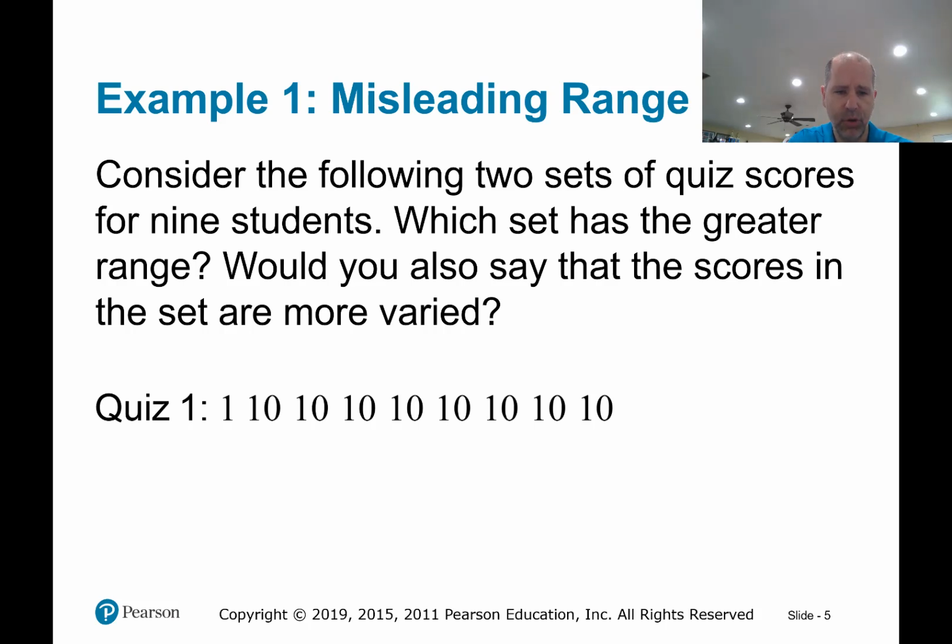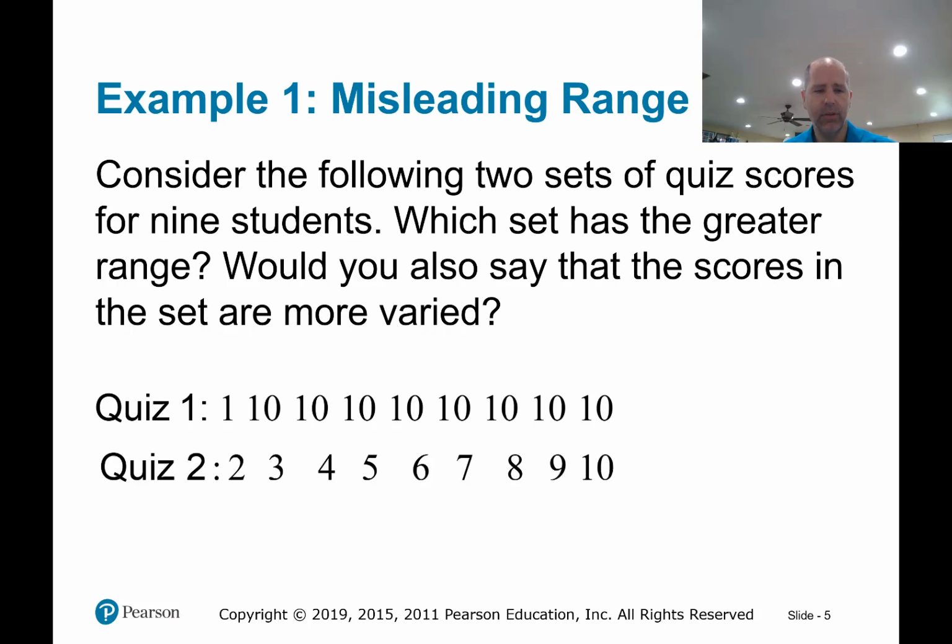And so quiz 2 is here. So let's see, you got 2 through 10, right? So it's all pretty spread out evenly, it looks like. Okay. And so the question is which set has the greater range? Well, if we take the range of quiz 1, that's going to give us 10 minus 1, which is 9.